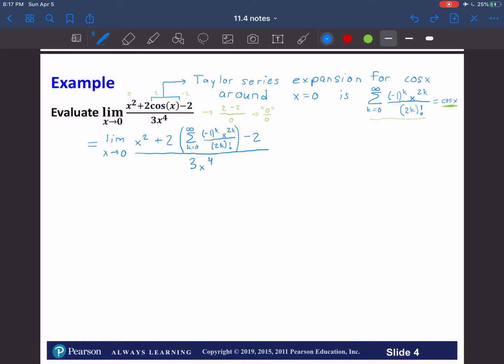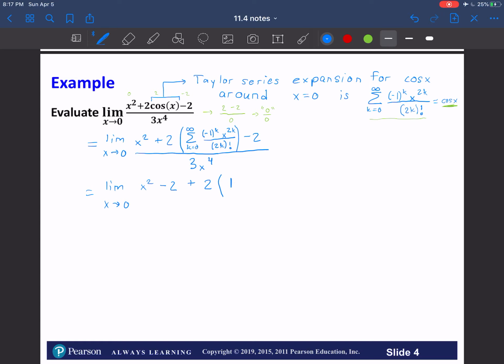So if we start doing that, this is going to be equal to the limit as x approaches 0 of, on top we have x squared plus 2 times. So actually I'm going to write that minus 2 over on the left here just so it's a little bit clearer. So 2 times. So the first term of the Taylor series expansion is 1.